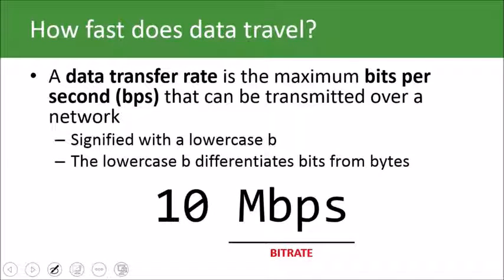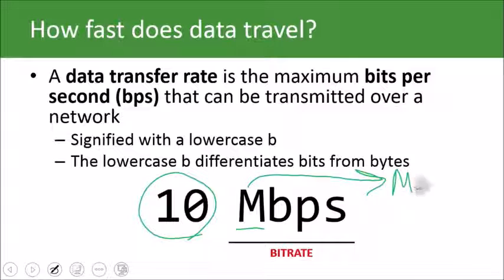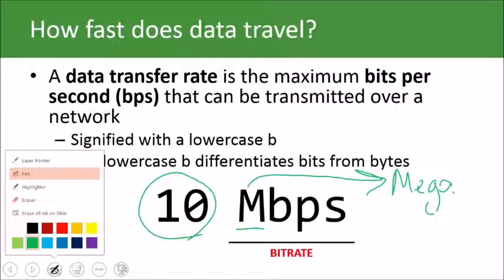The speed that data travels is measured by bits per second, right? That's called its data transfer rate. We signify this data transfer rate with a number, so 10, and then M, which in this case stands for mega, and then a lowercase b.